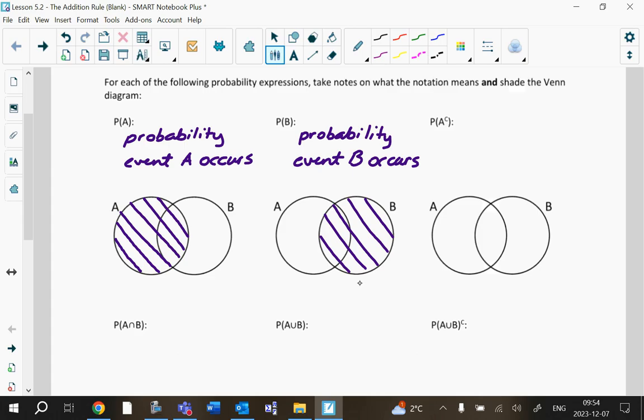What does the probability of A with the little c mean? Event A doesn't happen. So the probability event A doesn't occur.